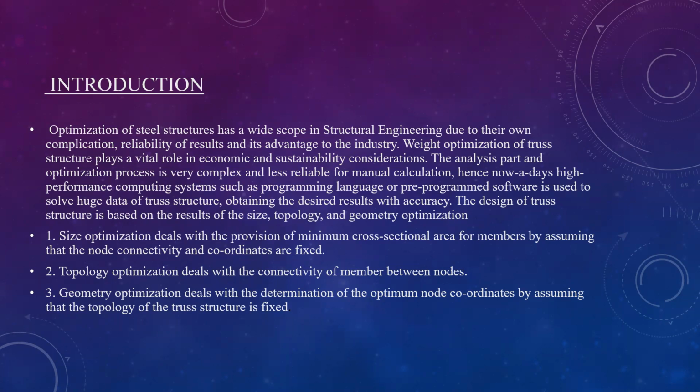Size optimization deals with the provision of minimum cross-sectional area for members by assuming the node connectivity and coordinates are fixed. Topology optimization deals with the connectivity of members between nodes. Geometry optimization deals with the determination of the optimum node coordinates by assuming the topology of a truss structure is fixed.